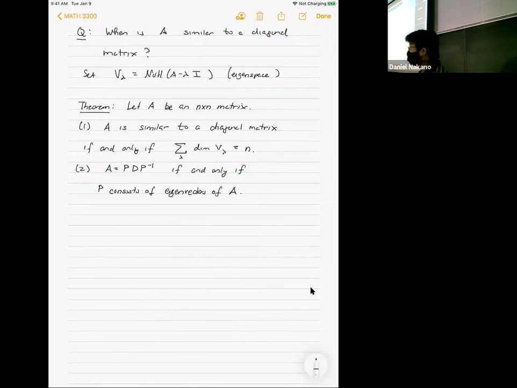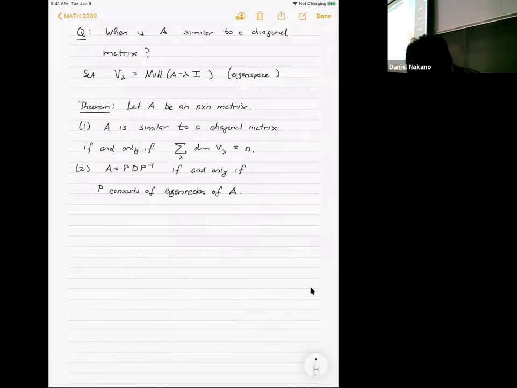Once I have enough of them, the first statement guarantees that I'm going to have n linearly independent ones. I can just put them down the columns of P, and that will give me P.